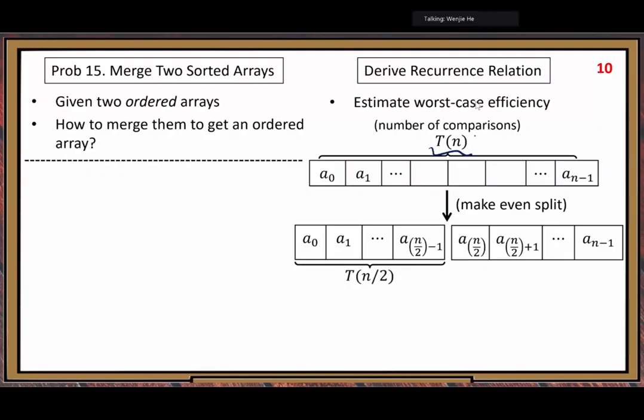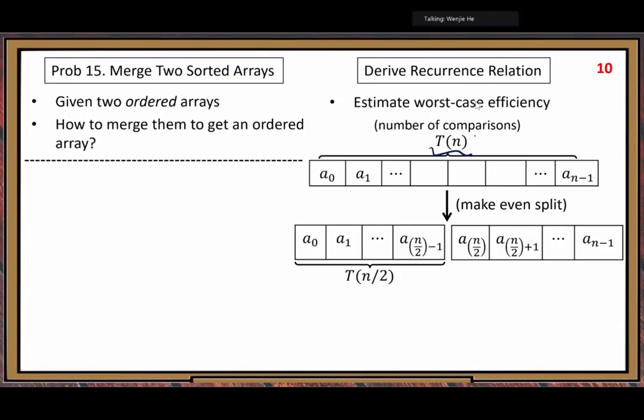Here we do a rough estimate. We do not need to be accurate with n over 2 using floor or ceiling functions, because that's too complicated. Roughly, we use the data size n over 2.